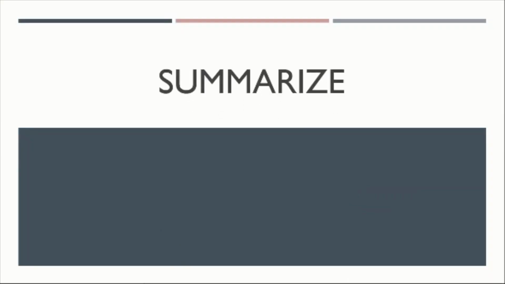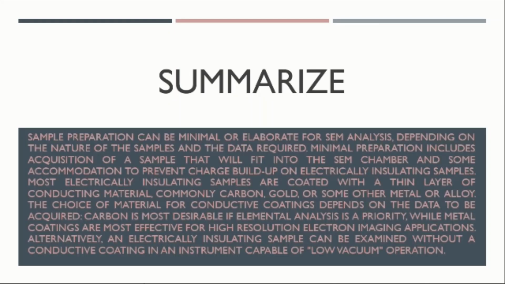To summarize the sample preparation for SEM, sample preparation can be minimal or elaborate, depending on the nature of the sample and the data required. Minimal preparation includes acquisition of a sample that will fit into the SEM chamber and some accommodation to prevent charge build-up on electrically insulating samples. Most electrically insulating samples are coated with a thin layer of conducting material, commonly carbon, gold, or some other metal or alloy.